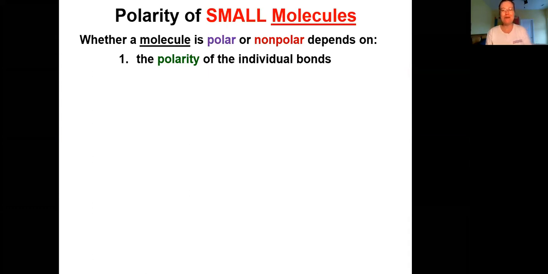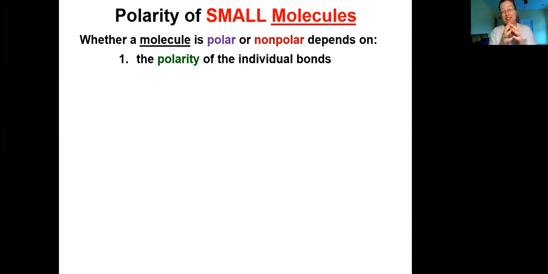The polarity of small molecules. The reason why I'm pointing out small, which you probably won't see in the textbook or somewhere else, is because soon we are going to be talking about large molecules, things like proteins and fats and oils, and we may have some polar regions to them and non-polar regions to them, but I won't be able to say that the entire molecule is polar necessarily.